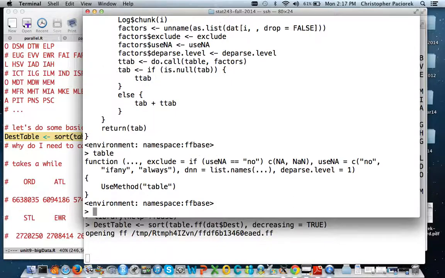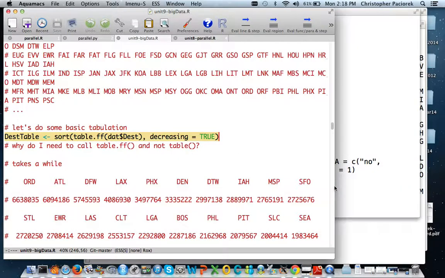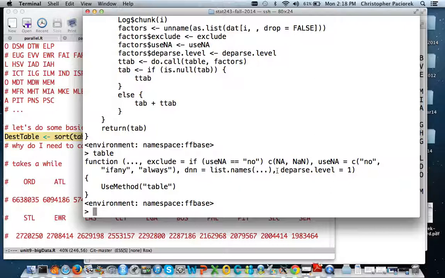But suppose I look at the table function. Well, that's interesting. Okay, so this is actually contradicting the point I went to make.